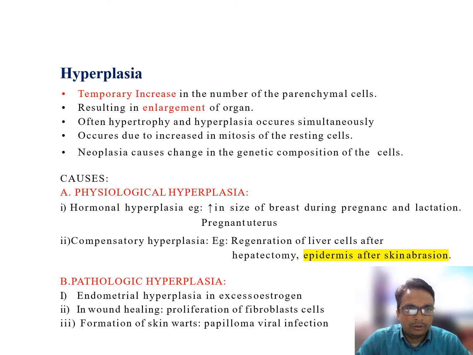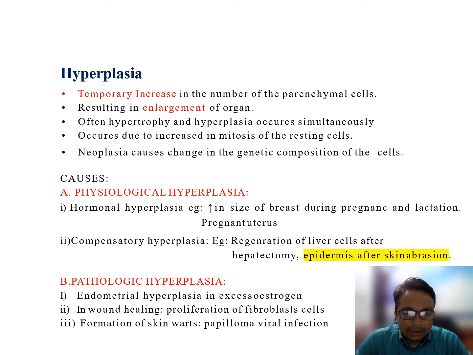The next one is the third type of cell adaptation, hyperplasia. The temporary increase in the number of parenchymal cells which results in enlargement of an organ is often called hyperplasia.